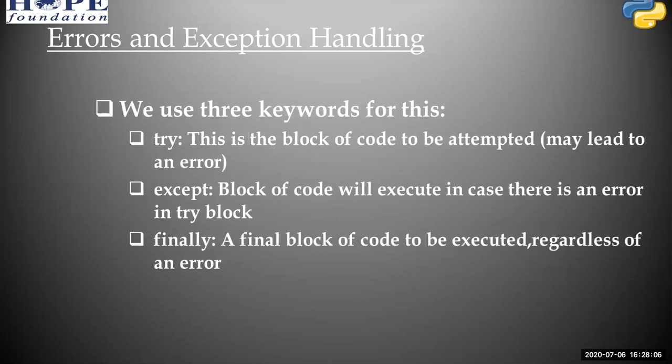We can put the code into the try block. It tries that block, and if it has no error, it simply goes to the output. If there is any error in the try block, it goes to the exception block.